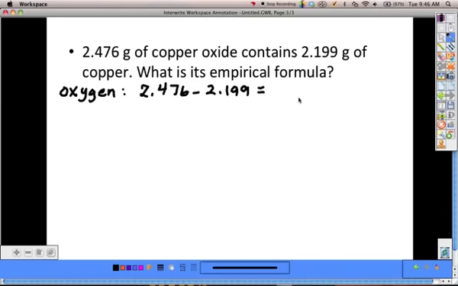Now I'm doing subtraction, so my rules for sig figs for subtraction are the least number of digits after the decimal point. So each of these have 3 digits after the decimal point, so my final answer will have 3 digits after the decimal point. And what do we get? 0.277, excellent. That is my grams of oxygen.